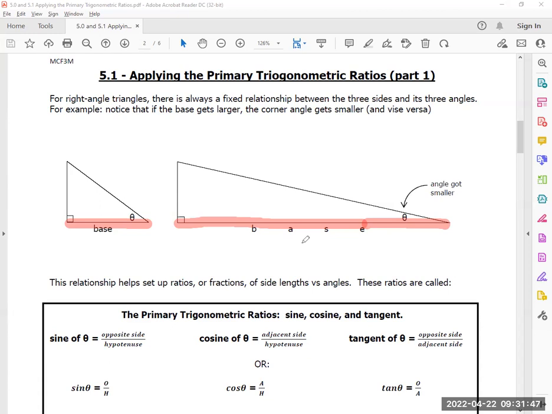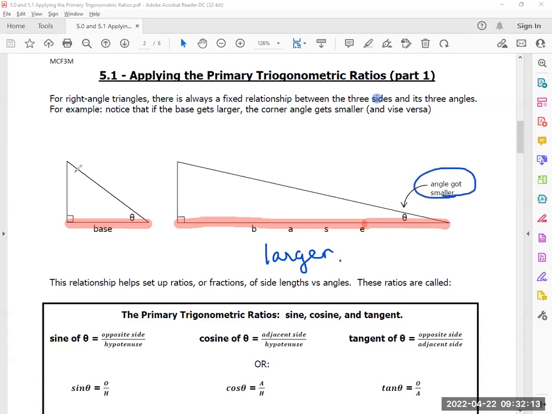Yep, it's longer. So the base increased. I'm going to write larger. What do you notice about the angle then? When that base got larger, the angle got smaller.